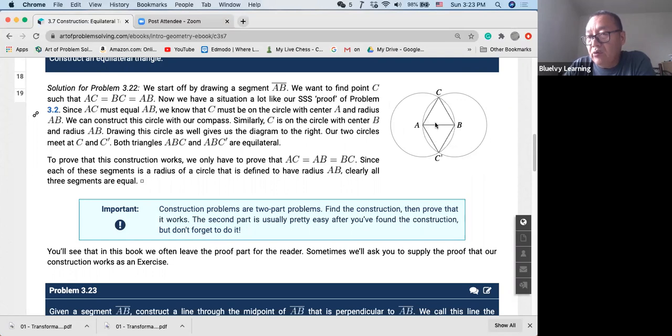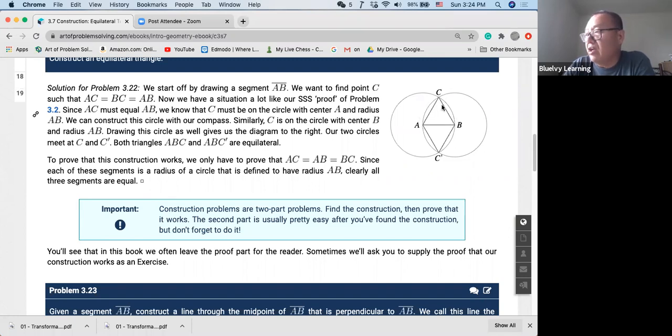Then you switch the center point to B, still use AB as a radius, draw another circle. Then you have two intersection points from these two circles, C and C prime, right? Now you use the straight edge to connect AC and BC. Actually, ABC is an equilateral triangle.